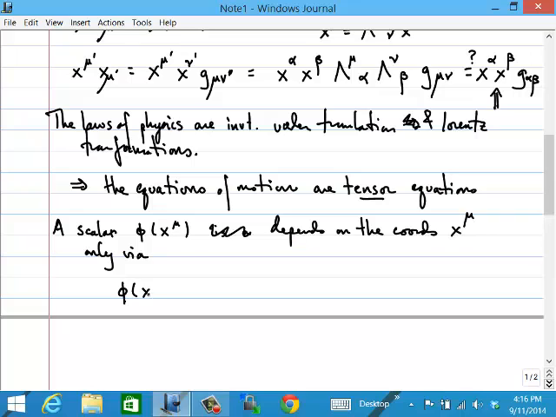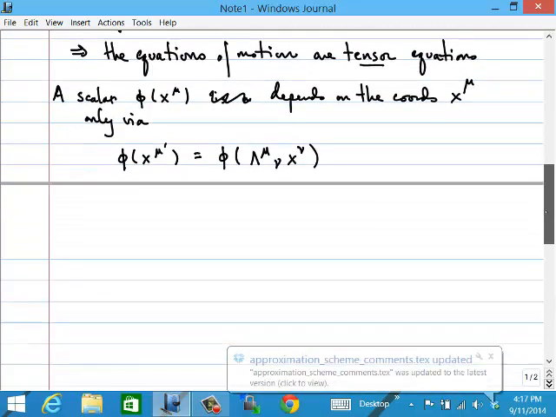That is to say, if you take this scalar and want to write it in the primed coordinates, all you do is use the formula that relates the primed coordinates to the unprimed coordinates. A scalar is a function not of coordinates of space-time, but only of the actual point in space-time you're thinking about. If you make some coordinate transformation where you use different coordinates to relabel points in space-time, then the value of the scalar at that point should be unchanged. That's all that we're writing here.